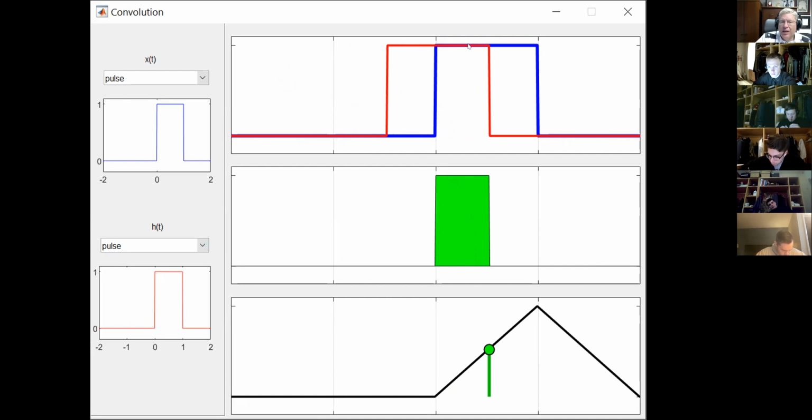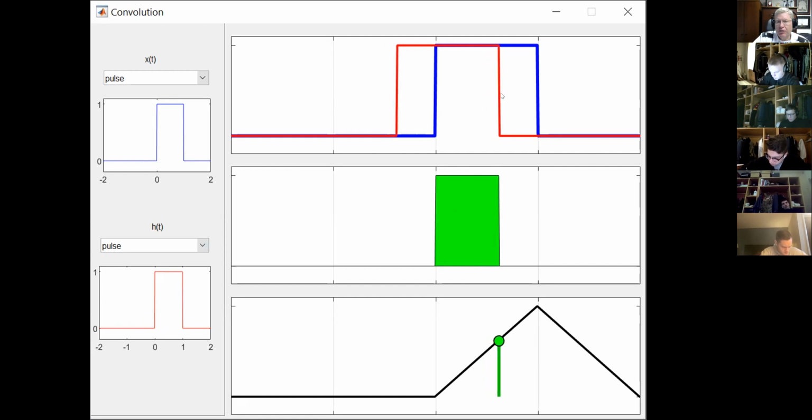When we multiply our shifted, flipped h of t in red with our original unchanged x of tau in blue, we get this waveform. It pops up, goes down, and the area underneath is 1 high and a half wide, so its area is a half, and that's why y of t at t equals 1/2 is also 1/2.